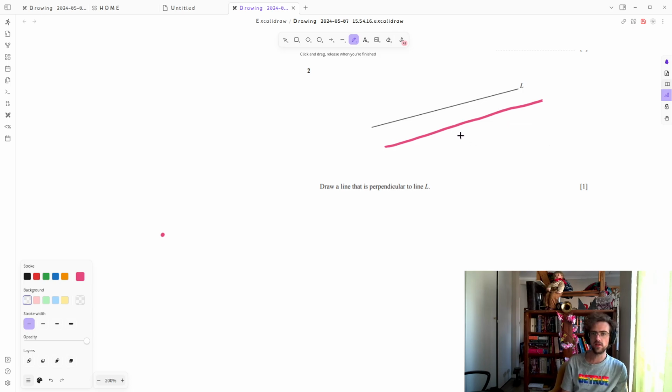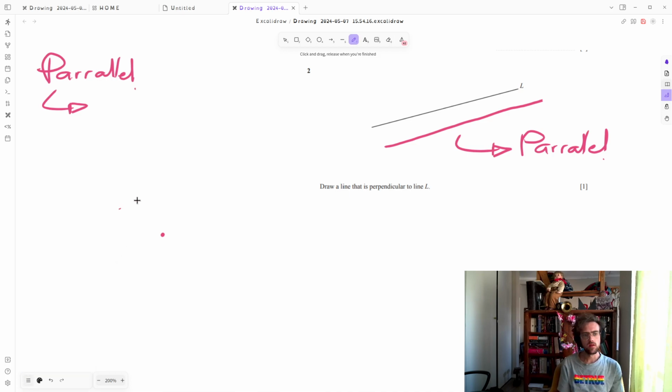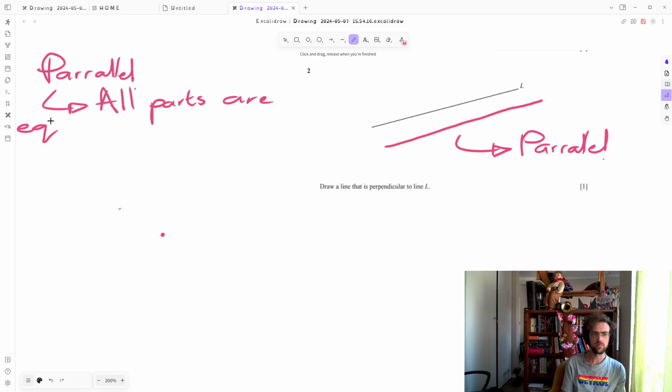Okay. So this is what we would call parallel. Now a parallel, if something is parallel, we would say all parts are equidistant from counterpart.